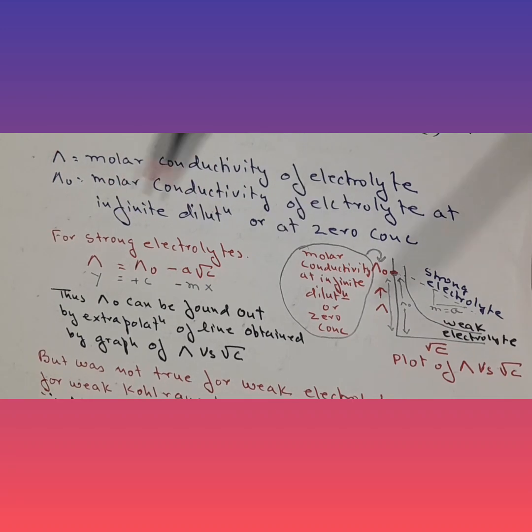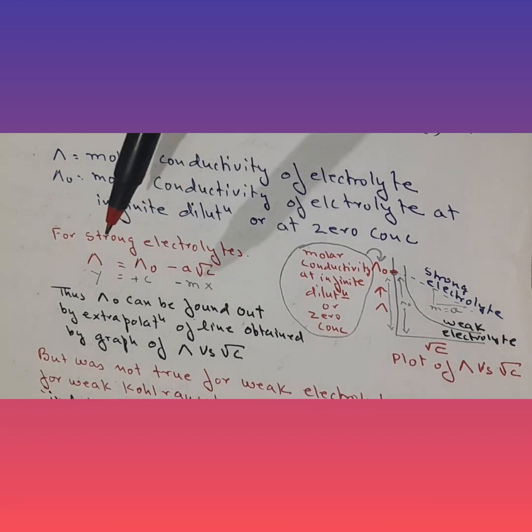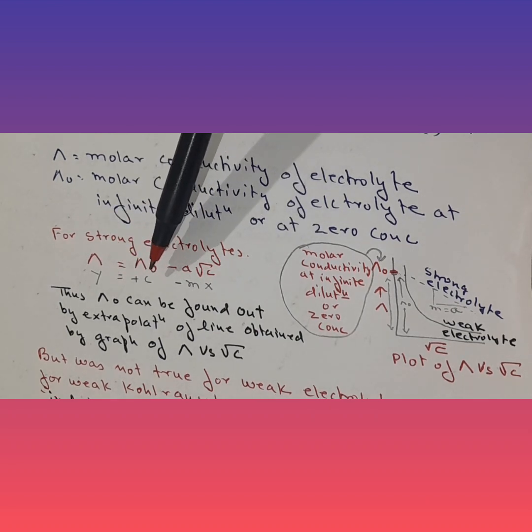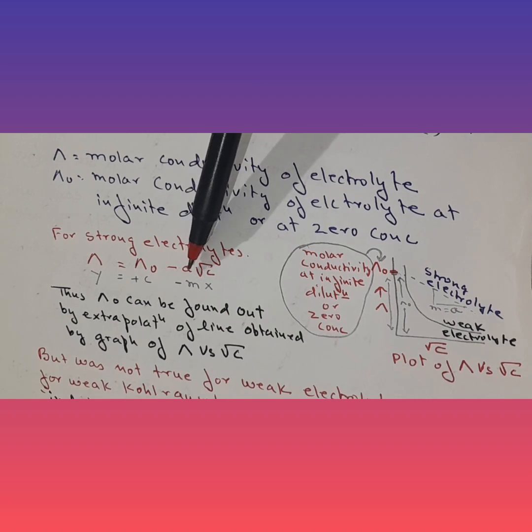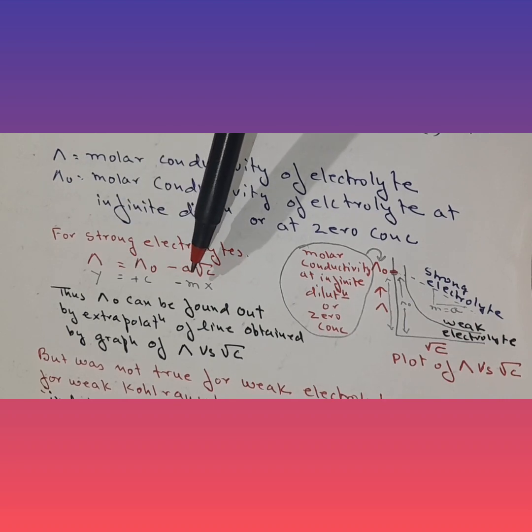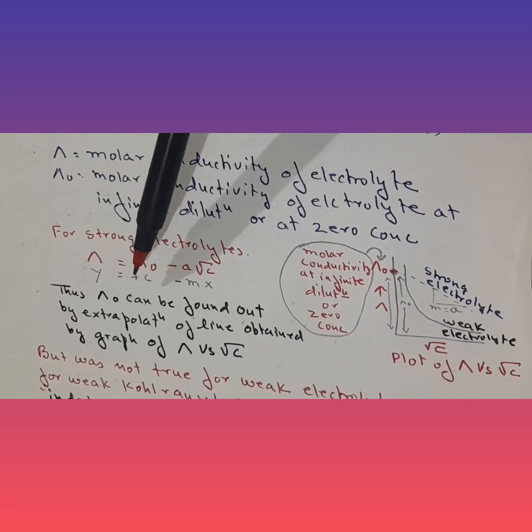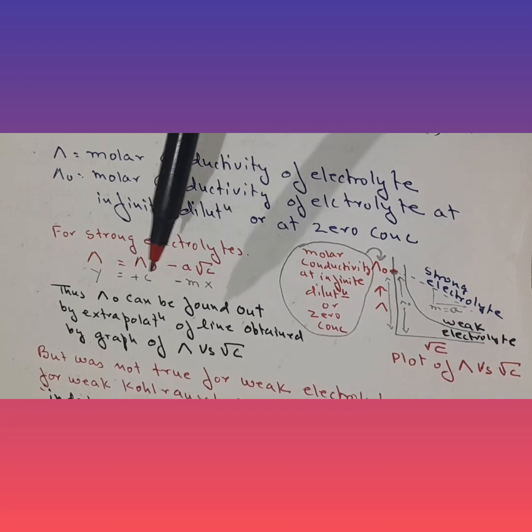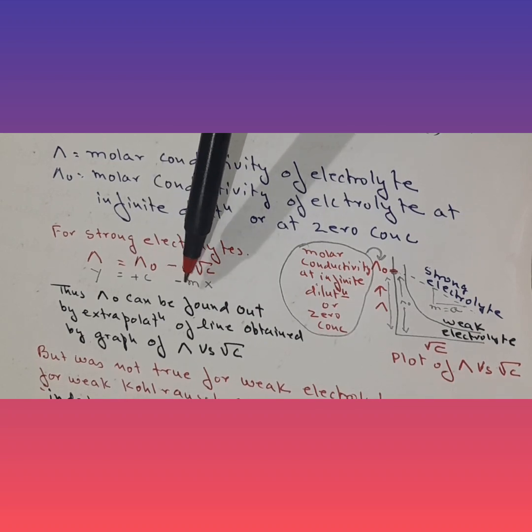Now for strong electrolytes, Kohlrausch set up an equation where molar conductivity of electrolyte was equal to molar conductivity of electrolyte at infinite dilution minus A root C, where C was concentration. If we observe this equation, it is very close to y = mx + c, only here it is a negative m.